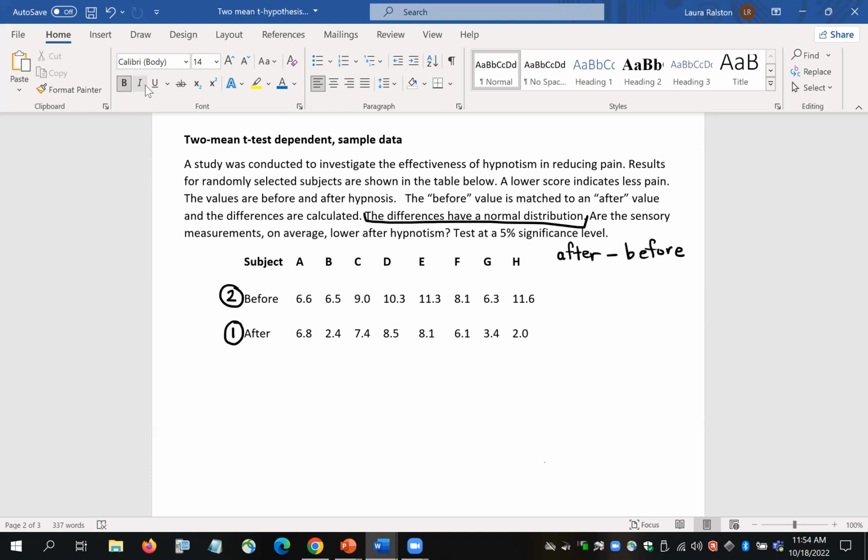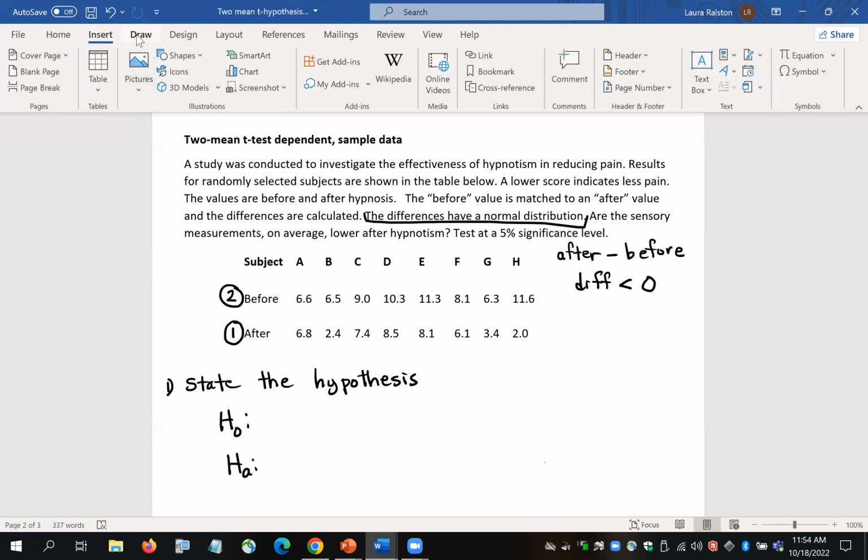So the first step in any hypothesis test is to state the hypotheses. And again, we want it to be lower. So we're saying that the difference will be less than 0. Because it says lower, you've got to watch the words.